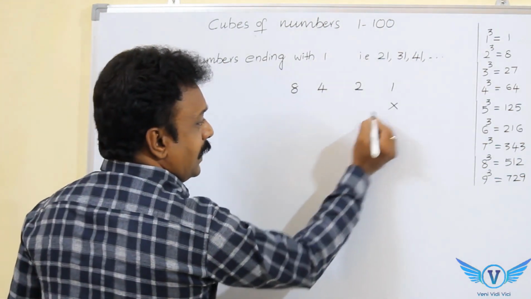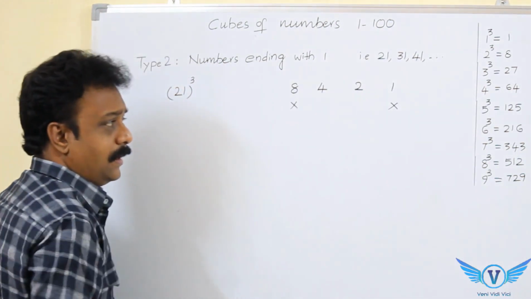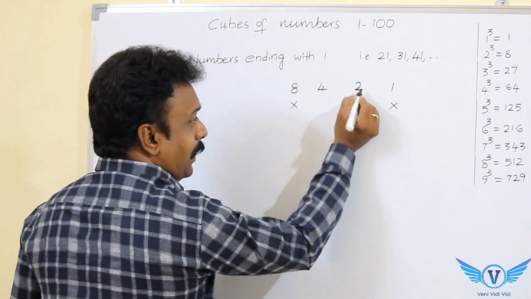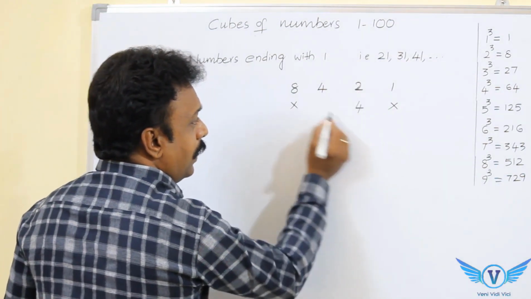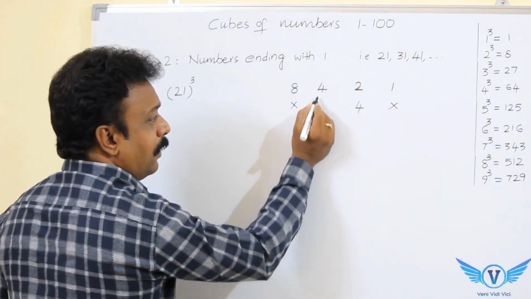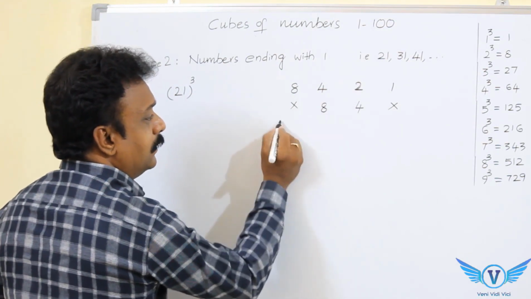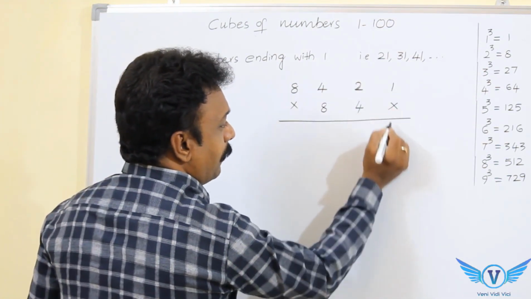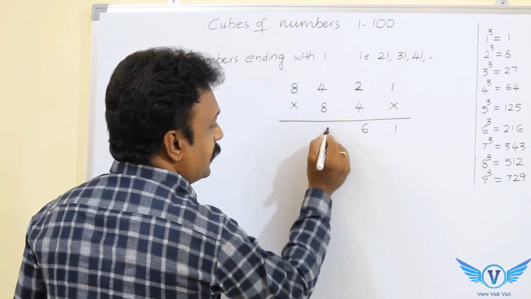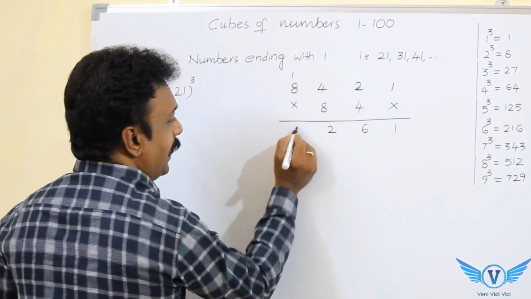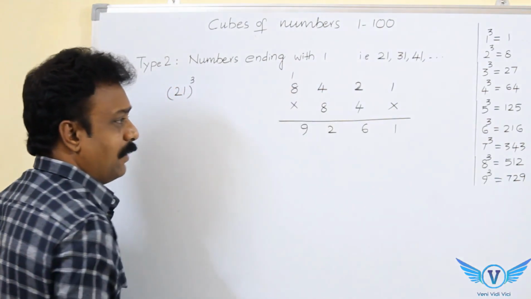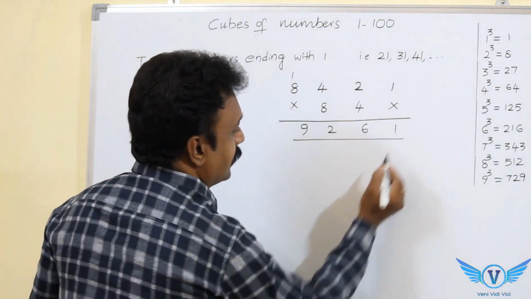Now, leave these 2. Double this number, 2 into 2, 4. Double this number, 2 into 4, 8. Now let us add. 1 plus 0, 1. 2 plus 4, 6. 12, 1 will be carried, 9. So 9, 2, 6, 1 will be your answer.